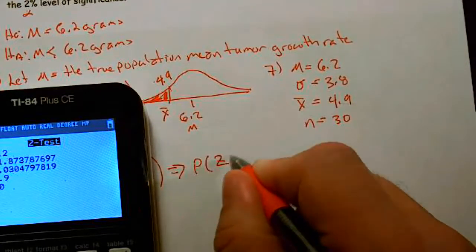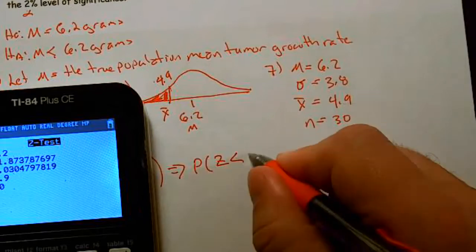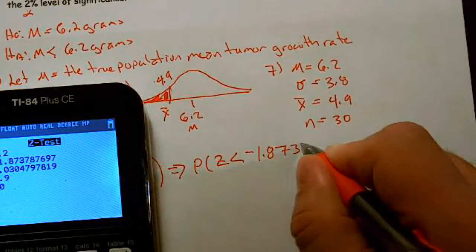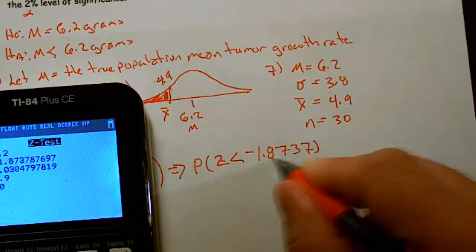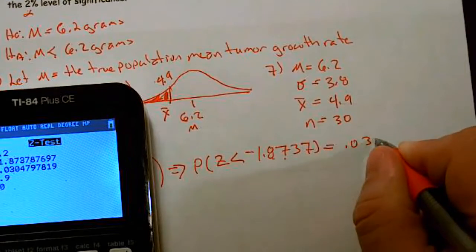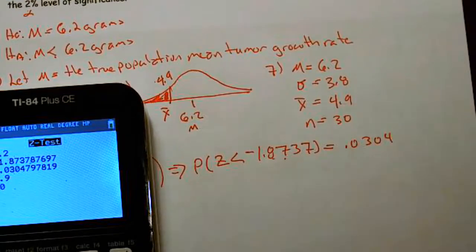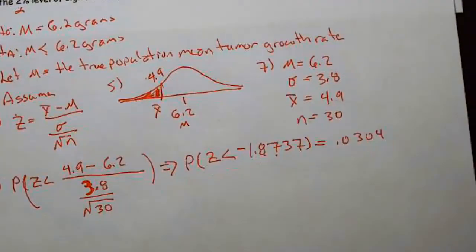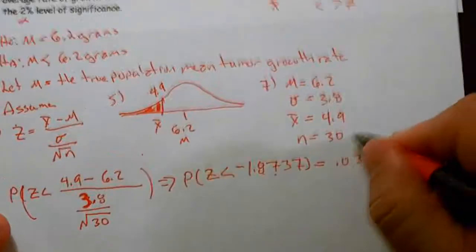and we get the probability that Z is less than negative 1.8737 equals 0.0304. All right. So this is our p-value right here.